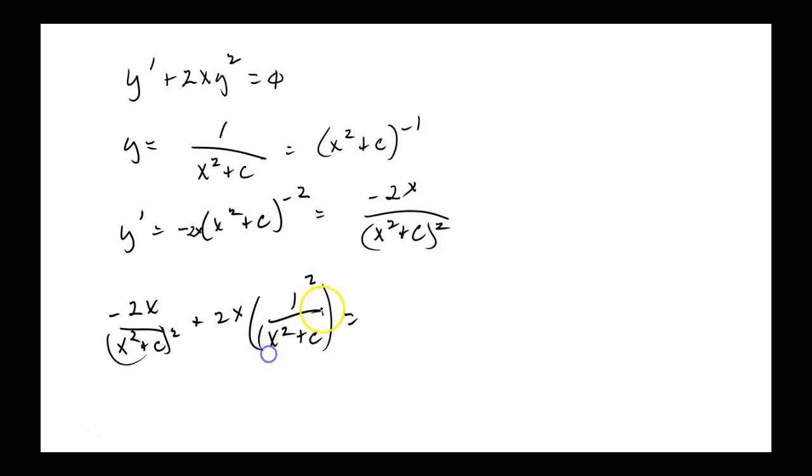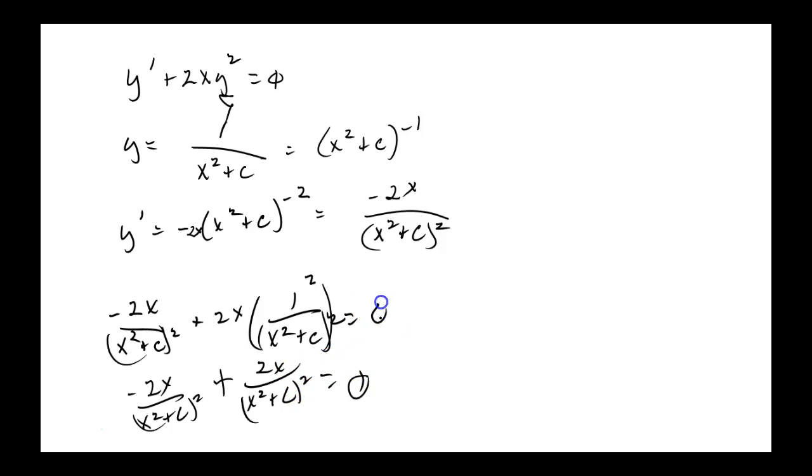So square this and square that. And sure enough, this is minus 2x over x squared plus c squared, and this is plus 2x over x squared plus c squared, and that's equal to 0. Here's the question mark. Yes, it is. So this is the solution for that, a one-parameter solution.